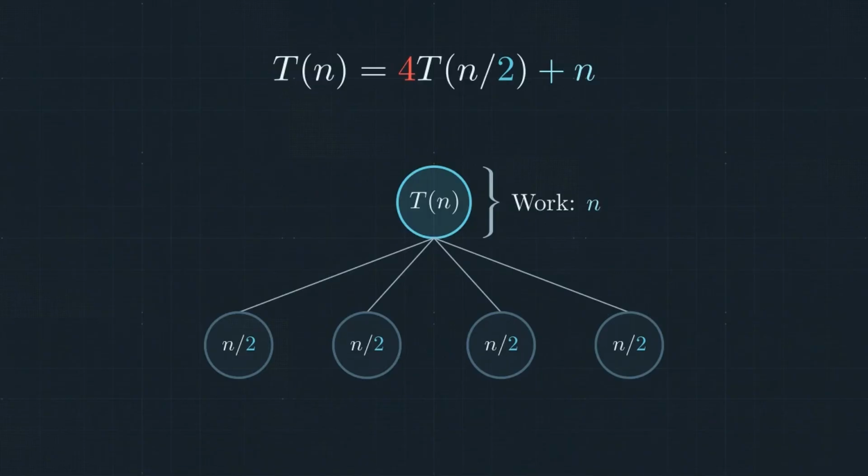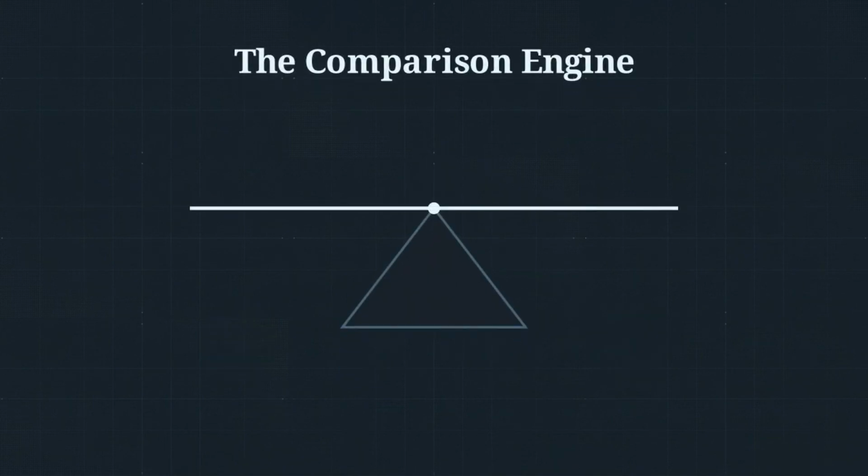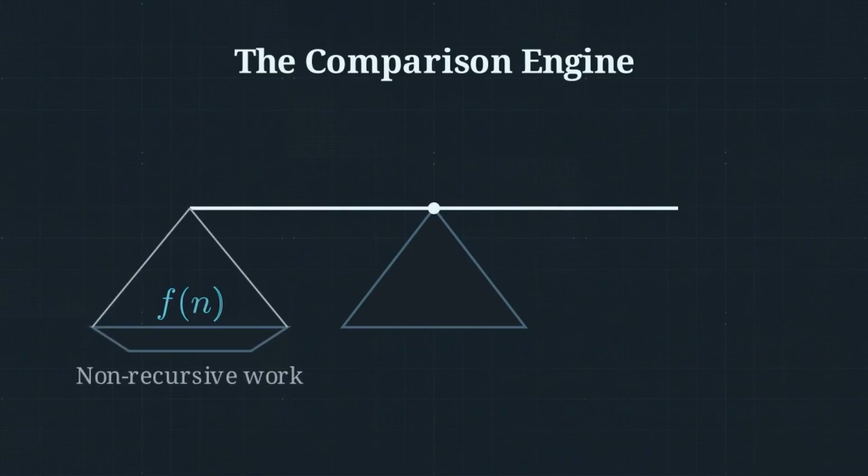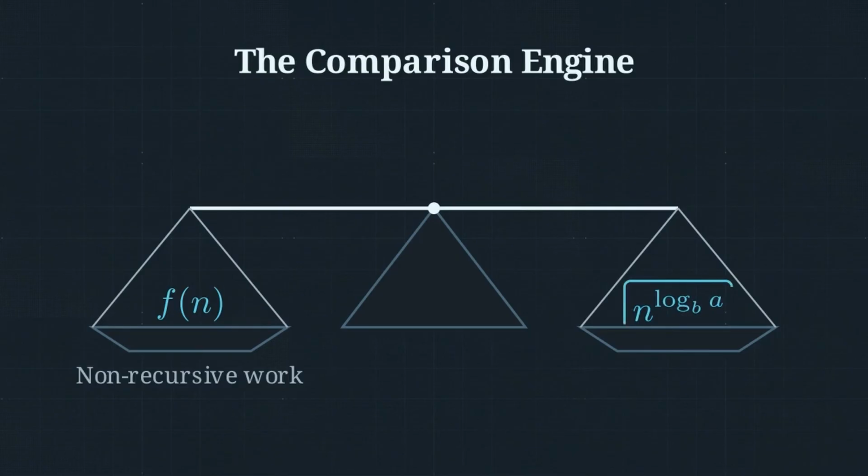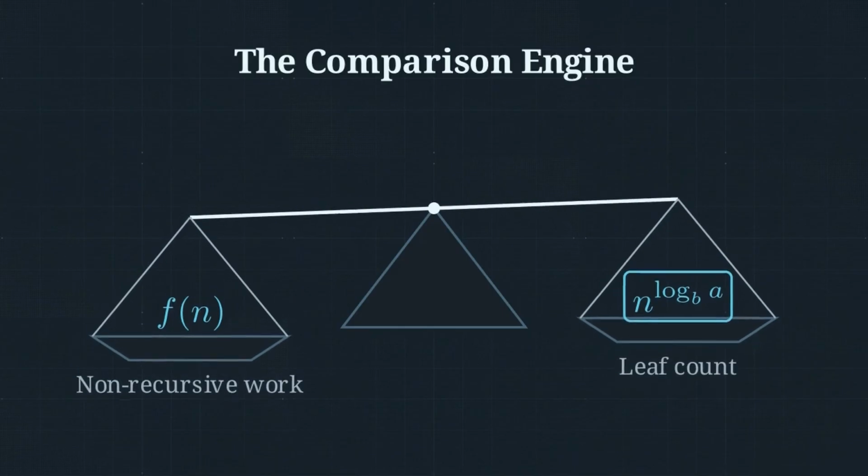merge the results. This diagram of a balancing scale illustrates the engine of the master theorem. It operates on a strict mathematical comparison between the non-recursive work on the left and a new expression on the right. That expression, n to the power of log base b of a, is the mathematical representation of the total number of leaves at the absolute bottom of the recursion tree.